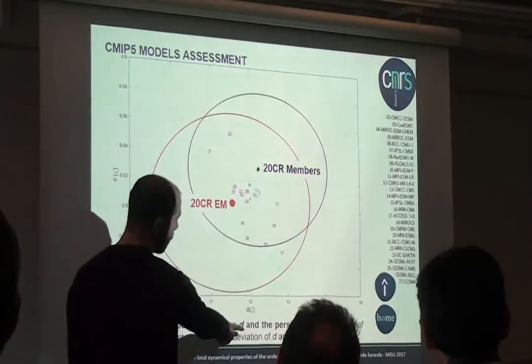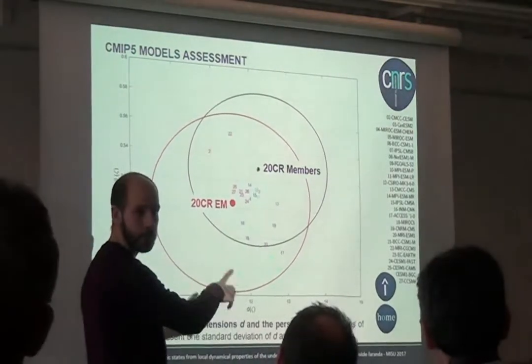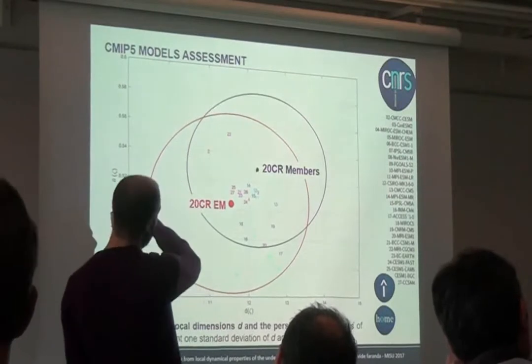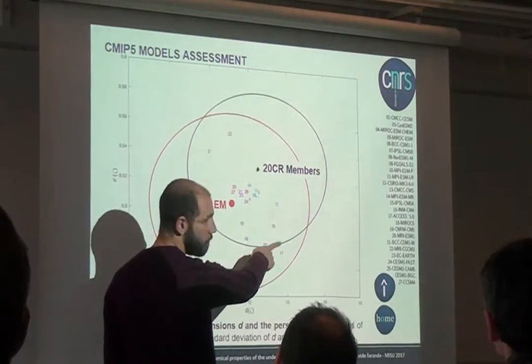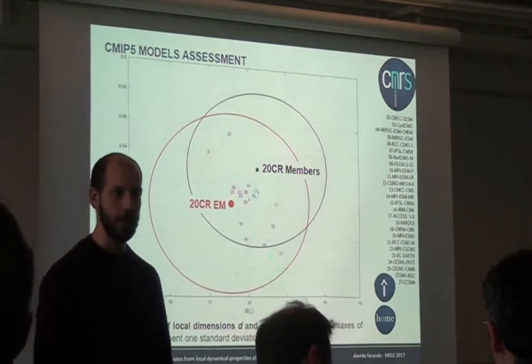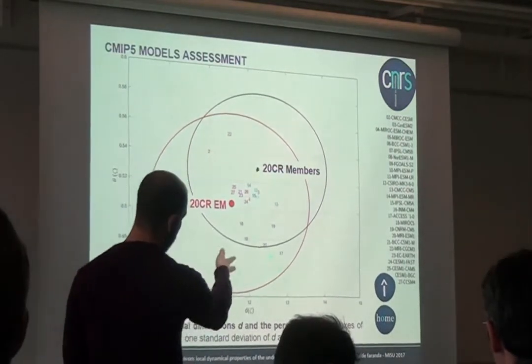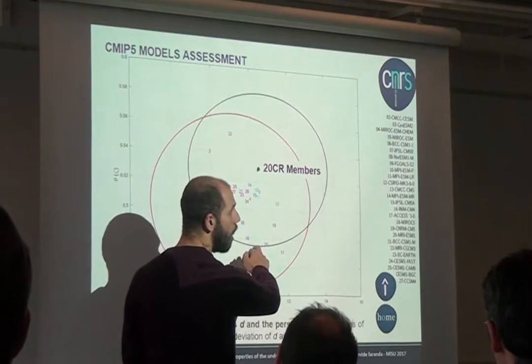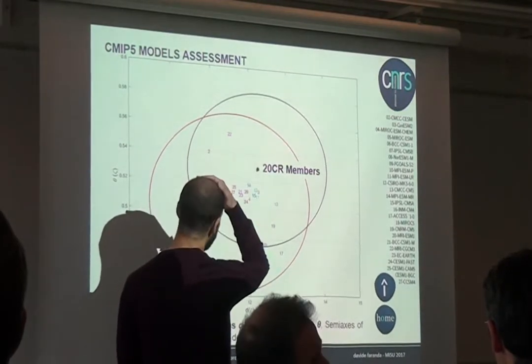The ellipses are just the median values of the dimension and the persistence. The good news is that most of the models are inside one standard deviation of the median, in this case, for the 20CR and the 20CR ensemble mean.